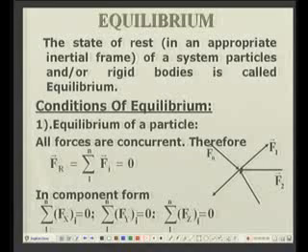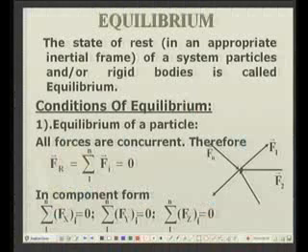The state of rest in an appropriate inertial frame of a system of particles and/or rigid bodies is called equilibrium. You may recall that inertial frames are sets of observers or reference frames which are at rest with respect to each other, or at most they are in uniform motion along a straight line as seen from each other.